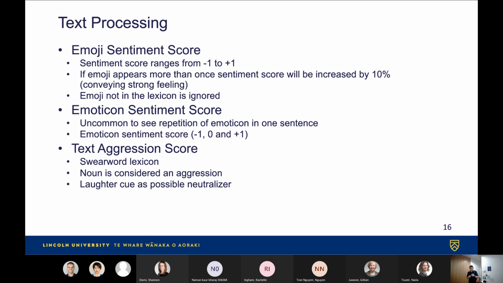So that's both looking up all of those words in a dictionary to find out whether they've got a positive or negative sentiment, but also looking at the words around them to see whether there are things there that will change the meaning of that sentiment.